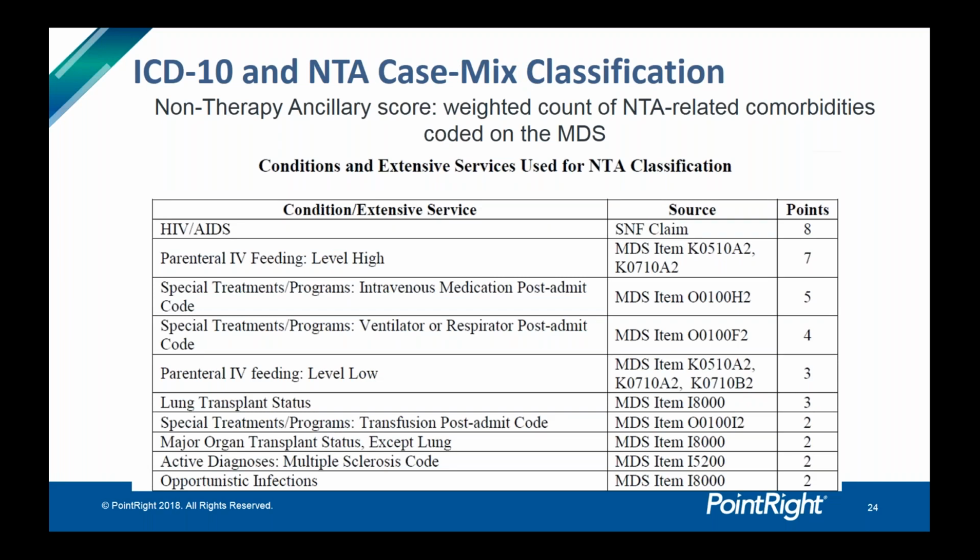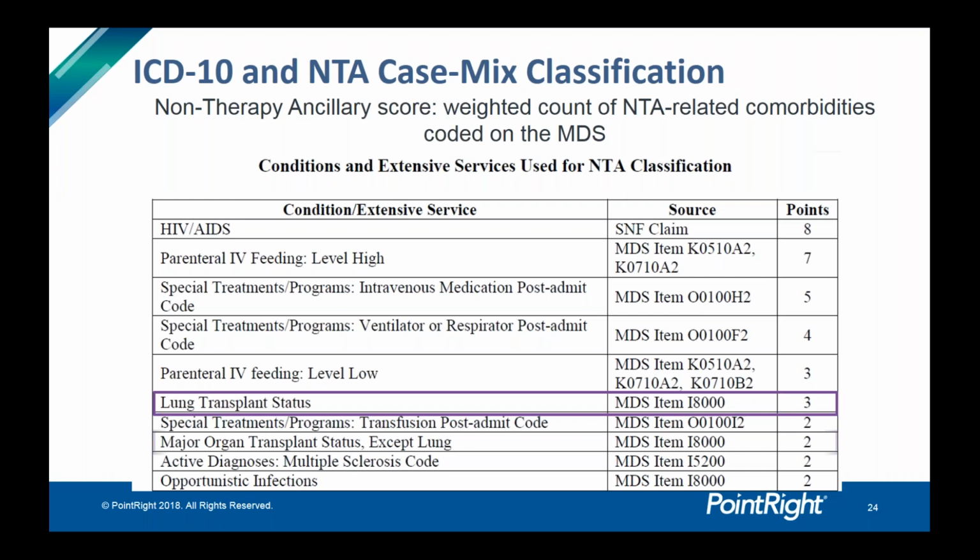Now, if we look at the non-therapy ancillaries, again, in the last presentation, Paula went into great detail on this information. And it's basically a count of how many of these NTA-related comorbidities were coded on the MDS, starting off at the very top with HIV/AIDS at 8 points and then going down through the list. So comorbidities that are more expensive to care for have more points.